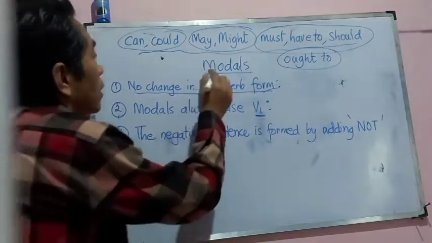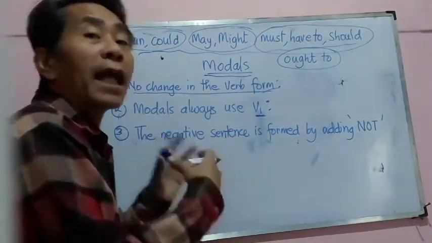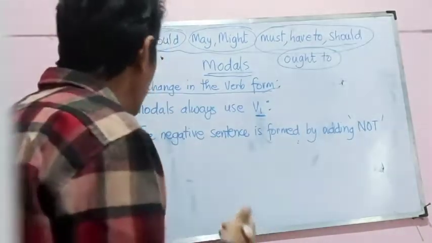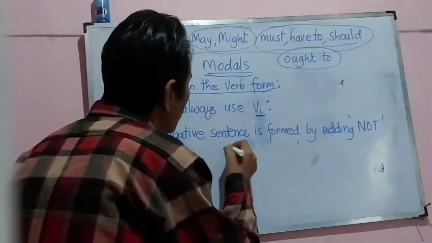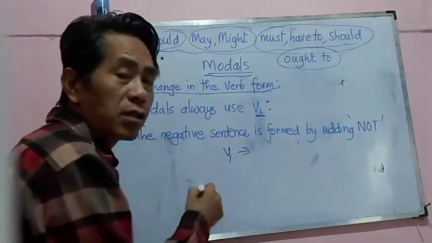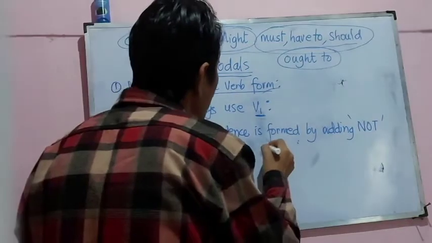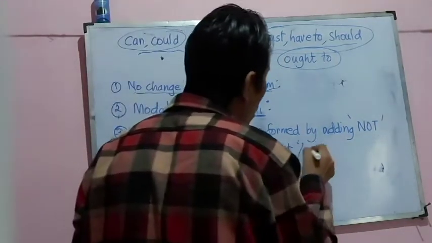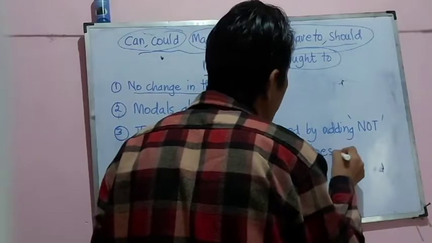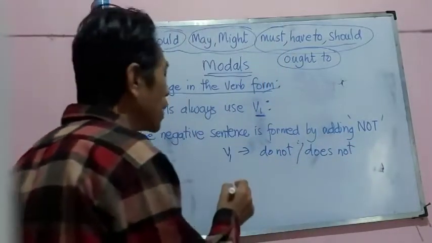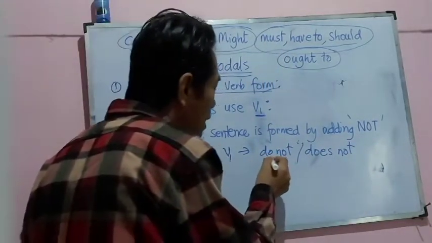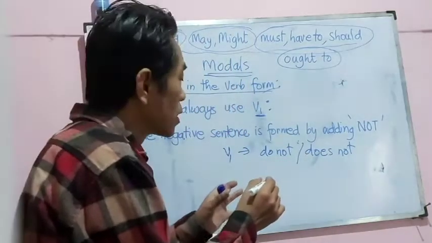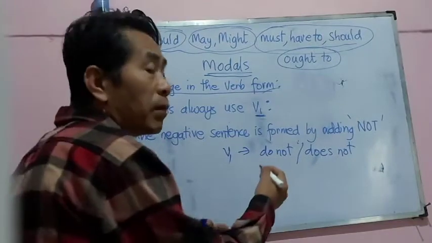So the models also have negative. How do we make negative? Now, whenever we have verb one, how do we change that into negative? We change that by using do not for the plural, or does not. For example, I eat, I don't eat. He eats, he does not eat. Now this is how we form negative.